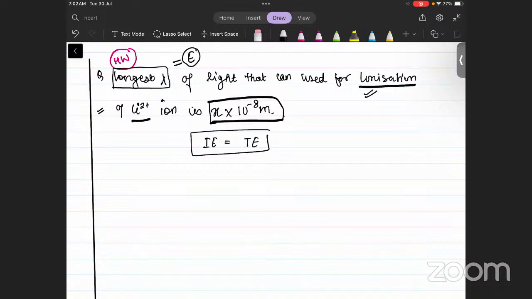So solve them also and make sure you are sending your answer, which you are not doing right now. I don't know why you are not sending your answers. So how many of you are doing the questions that are given to you? I don't think any of you are trying those questions.